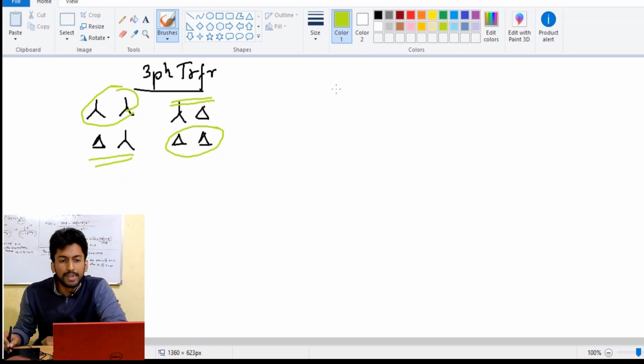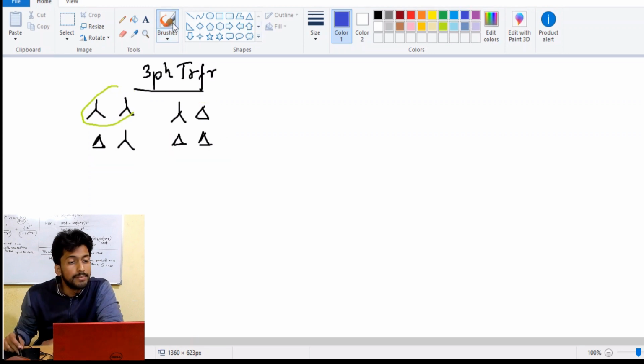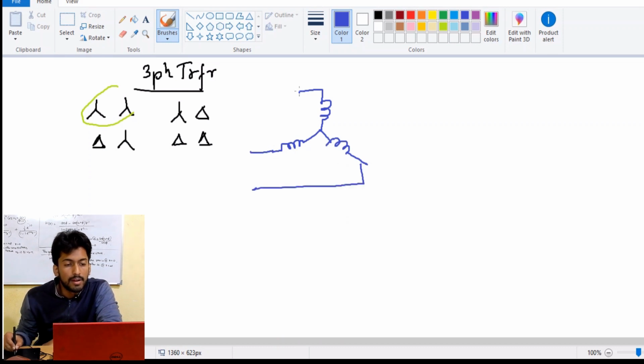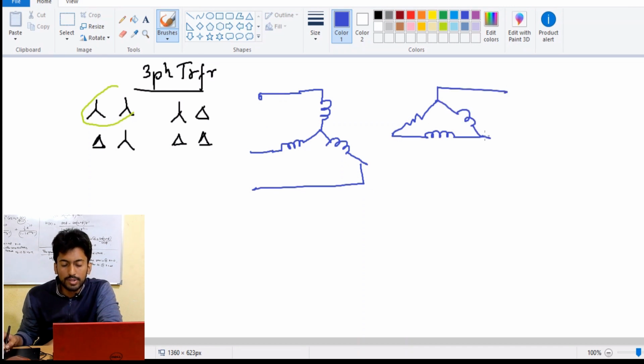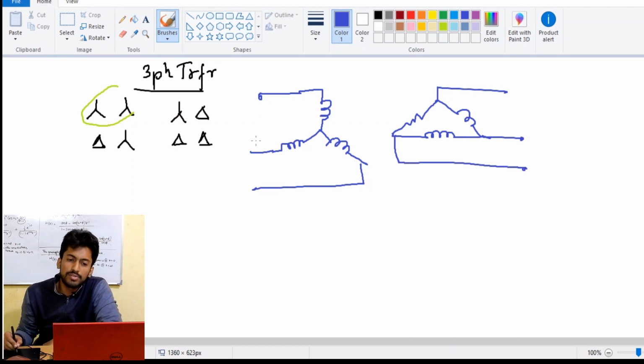Say first, if we take a star delta transformer, what will happen? My star side is like this, and my delta, which is connected there, is looking like this. Now what we know is that the transformation ratio in case of three-phase transformers depends on the phase voltages.